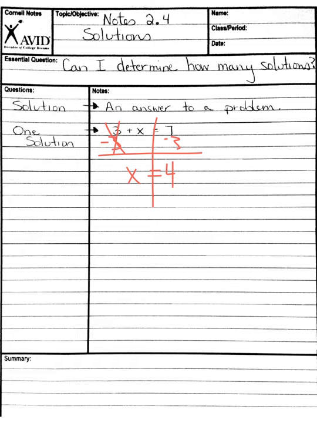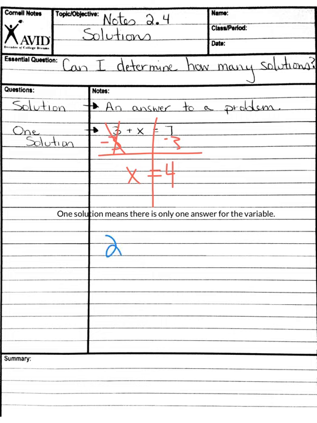The reason that we call this a one solution is because there is only one answer for the variable. So one solution means that there is only one answer that's going to work and make this equation true for that variable.